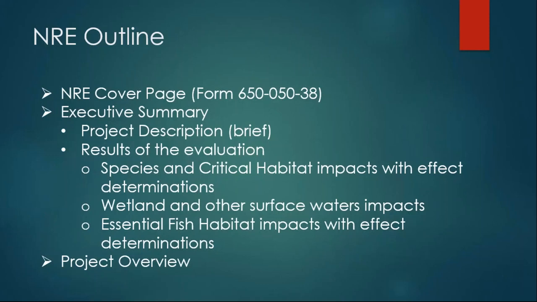You're going to need to include an executive summary, which includes a brief project description, and then the results of the evaluation. So whether it be protected species, what did you find there, what your wetland impacts are, what your essential fish habitat impacts are, and then you'll also include a project overview.